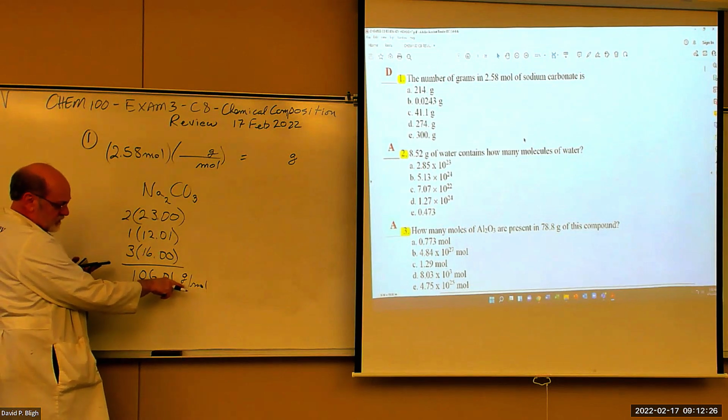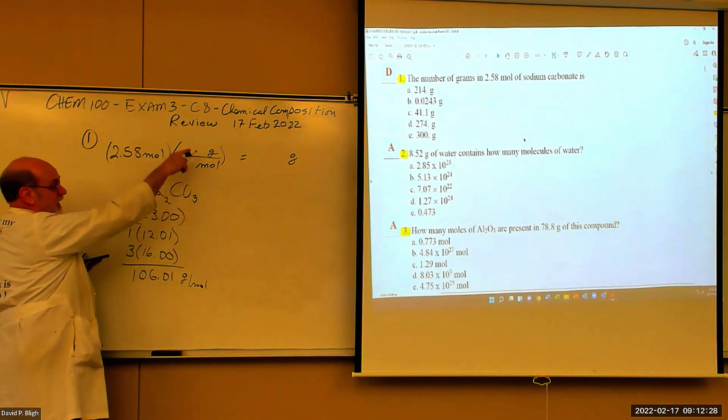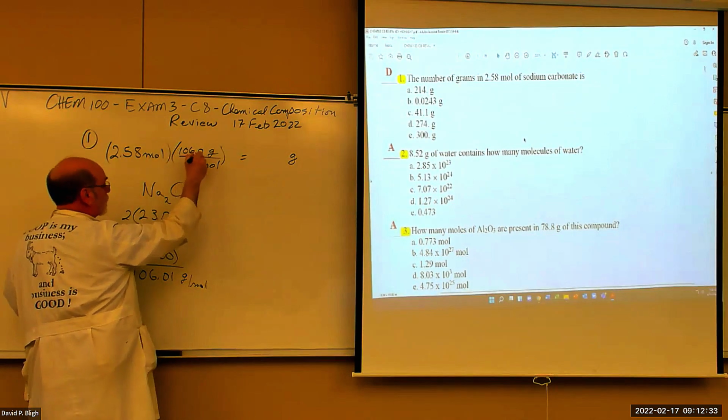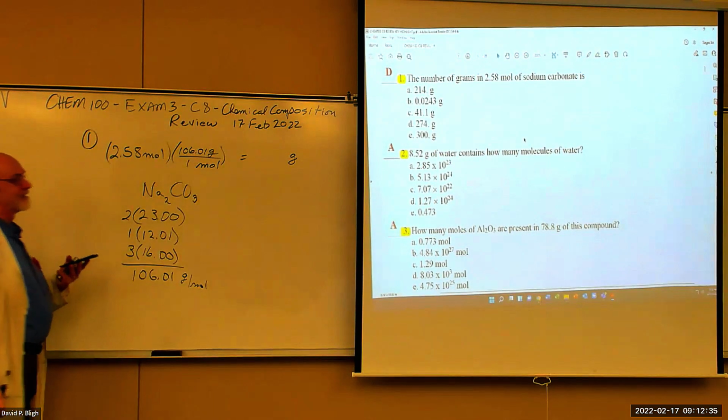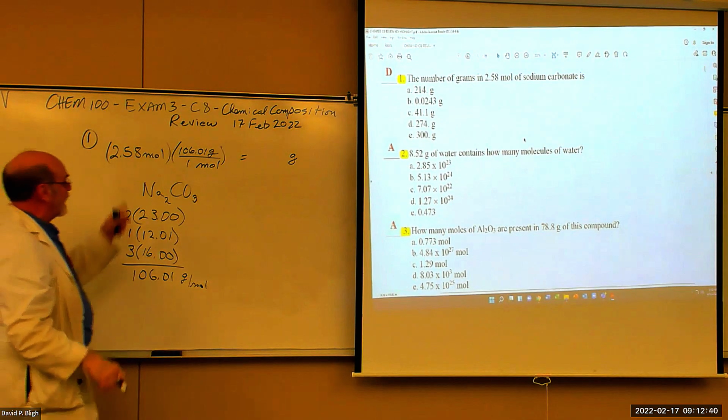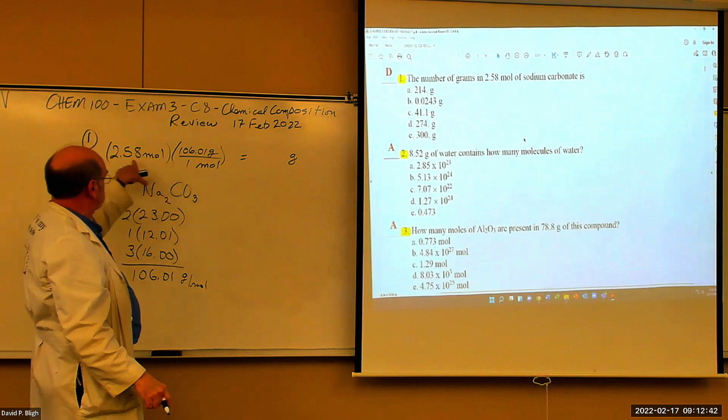And this is in the same quotient relationship as that one, so we put 106 on top per mole.